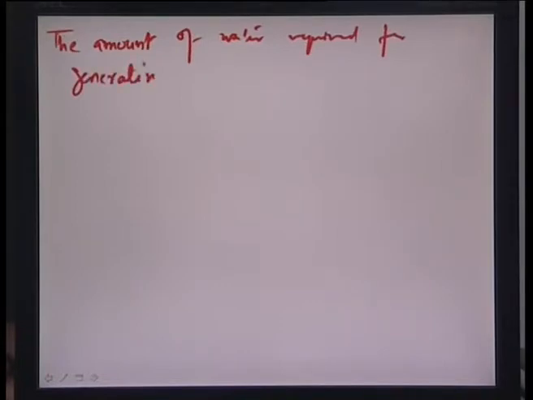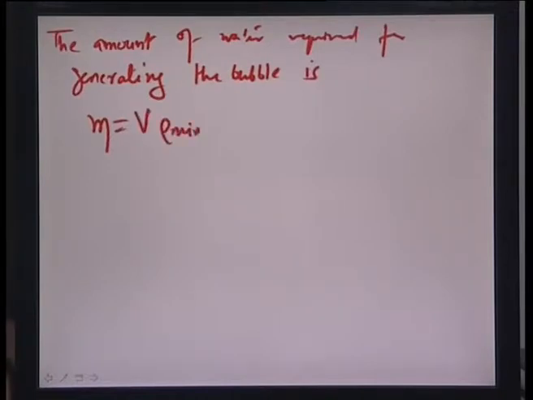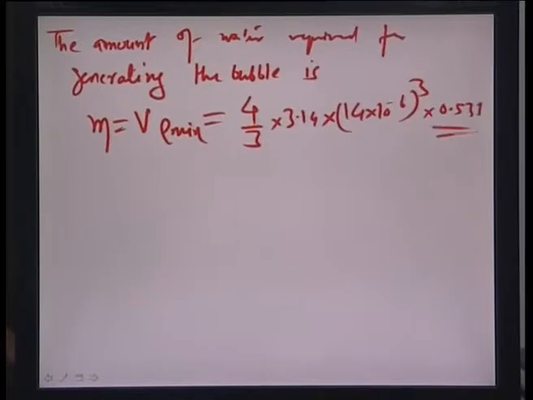The amount of water required for generating the bubble is M equal to V times rho mix, which is 4 by 3 pi R cube times 0.536, the density at this particular pressure and temperature.